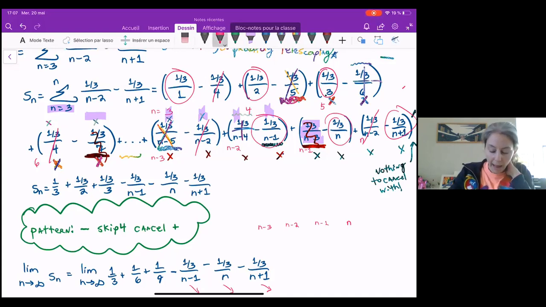And when we look at what the pattern was, the first thing that we saw that canceled out was that 1/3 over 4. The negative 1/3 over 4 canceled out with the positive 1/3 over 4. So I started with the negative, and I skipped 4 to the right, and then I canceled out the positive. Did that help at all?